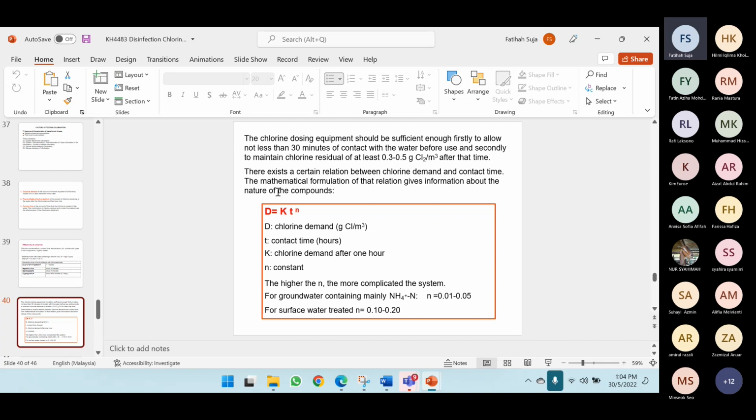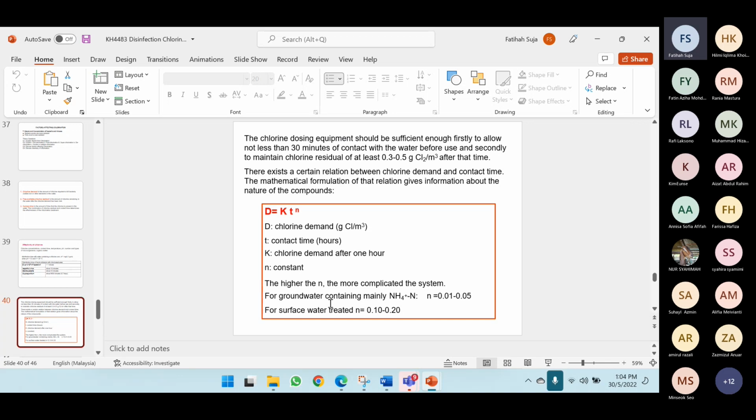Okay. So this is the formula. There exists a certain relation between chlorine demand and contact time. So you can use this chemical formula if you want to determine the chlorine demand based on the contact time that you have specified, or you change a bit. Chlorine demand after 1 hour and the constant N, meaning the higher the N, the more complicated the system.